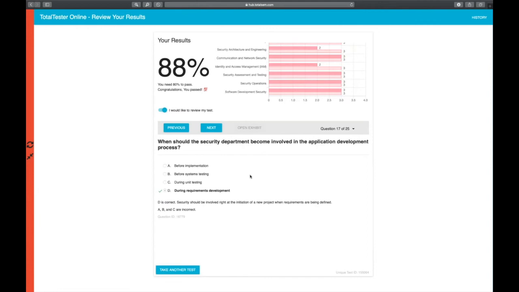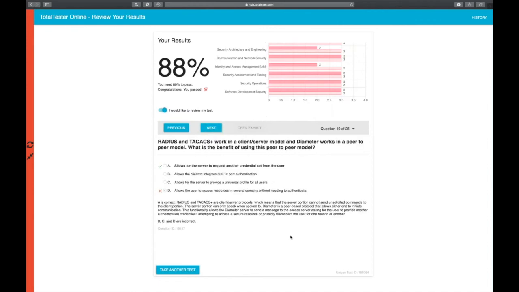Number 17, security should be involved right at the initiation of a new project when requirements are being defined. We got this one right. Number 18, cache memory is a type of memory that holds specific information that needs to be accessed often.